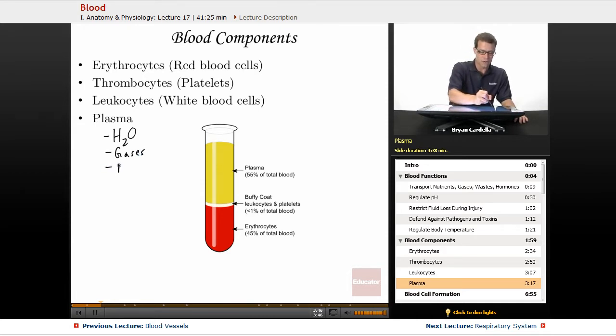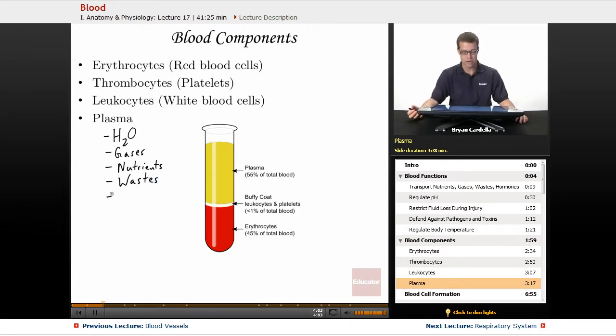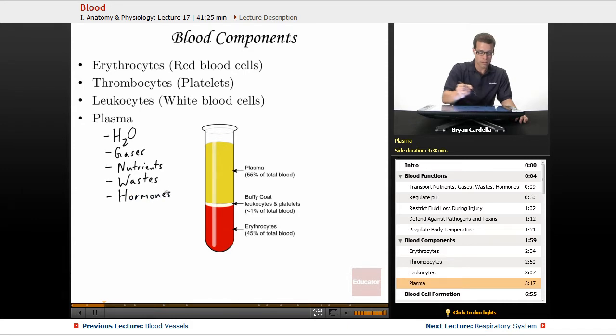You're going to have nutrients. All those molecules that are meant to nourish your body. Of course, on the flip side of that are wastes. Those waste products that are going to be eventually excreted. And then on top of all of that, you're going to have hormones. That's how hormones get to all the different cells via the fluid of your blood.